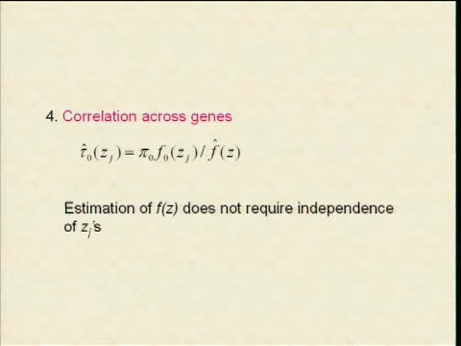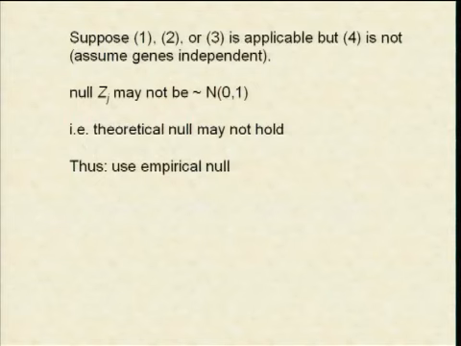And then the other reason is when you've got correlations, of course, across genes. And probably this is present in most data sets because not all the genes are independently distributed. And so for the moment, we're going to suppose that 1, 2, or 3 is applicable, but 4 is not. So we're going to assume for the moment that the genes are independent.